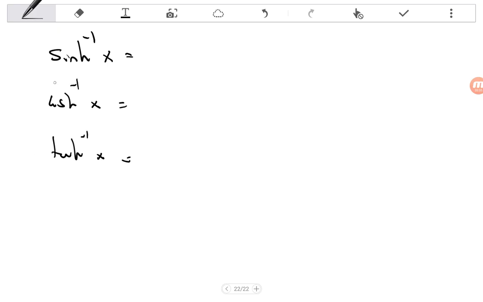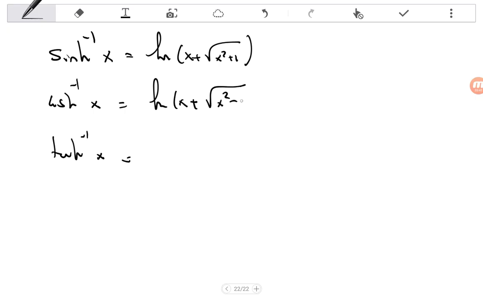And that's why we have three expressions for sinh inverse, cosh inverse, and tanh inverse, which are ln of x plus root x squared plus 1, ln of x plus root x squared minus 1, and half ln of 1 plus x over 1 minus x.